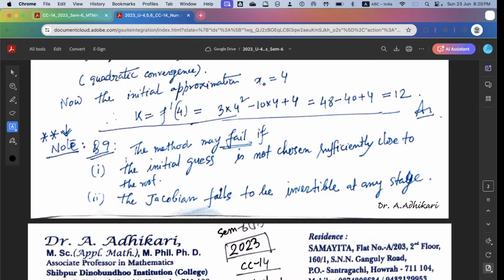When does the method fail? The answer is this. The method may fail if the initial guess is not chosen sufficiently close to the root. First point is this.